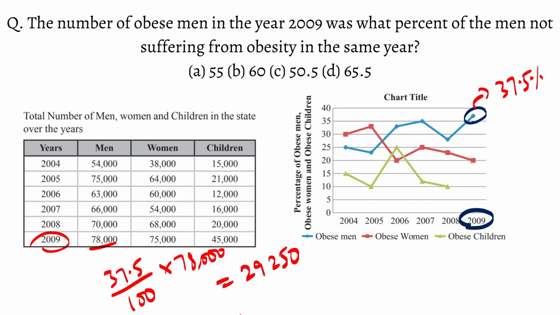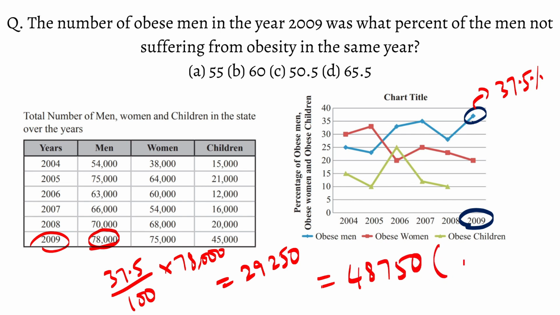And how can we calculate persons who are not suffering from obesity? It's the total number minus the persons who are suffering from obesity. So 78,000 minus 29,250 will be equal to 48,750.